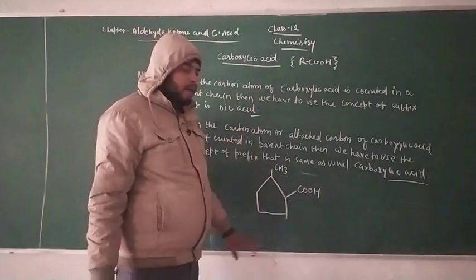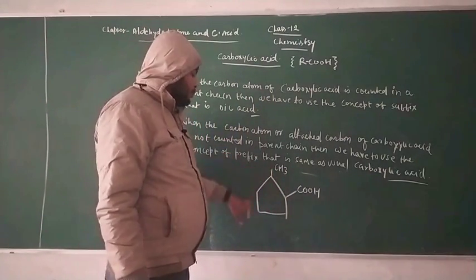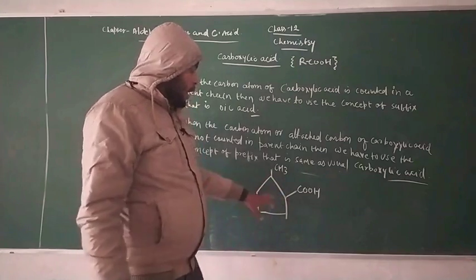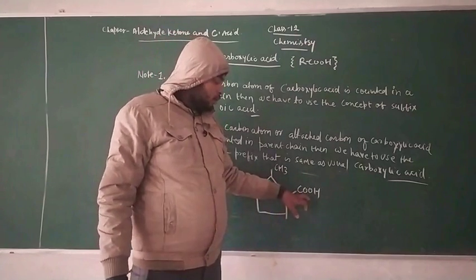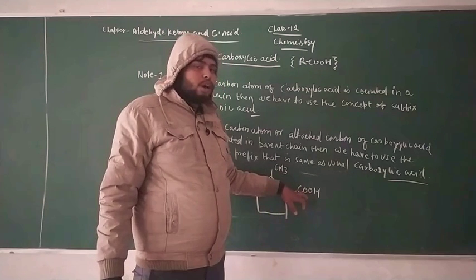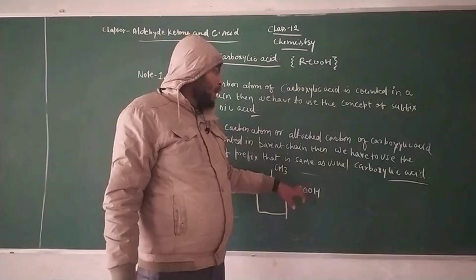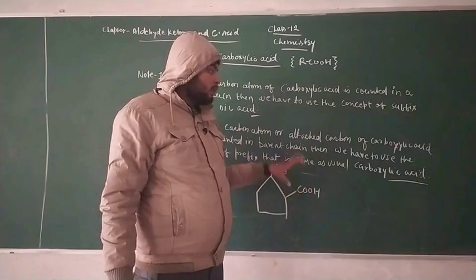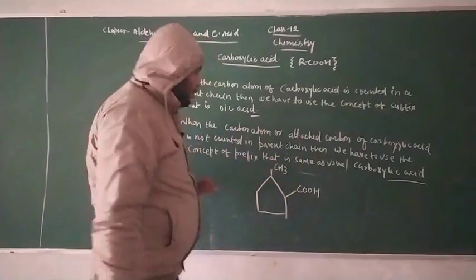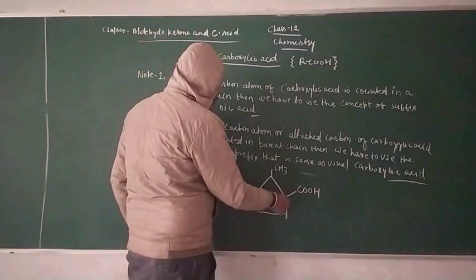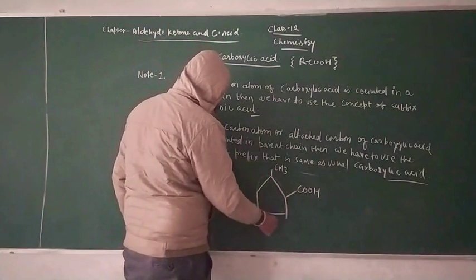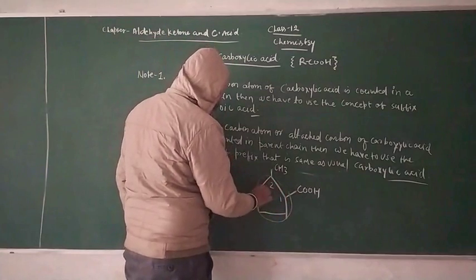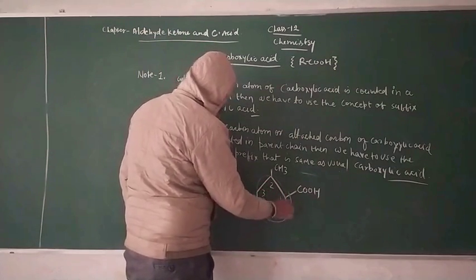The parent chain is a cyclic structure containing 5 carbons, and the carbon of this carboxylic acid is not counted in your parent chain. That's why you have to use carboxylic acid as the suffix form here. For the naming, guys, we have to select the parent chain. This is your complete parent chain. In naming, this is 1, 2, 3, 4, 5.